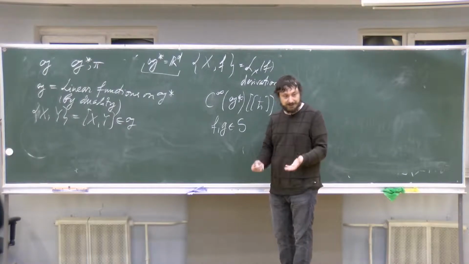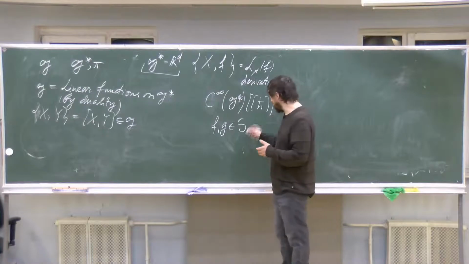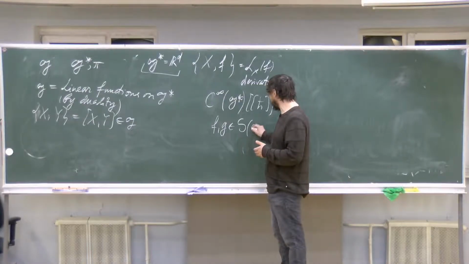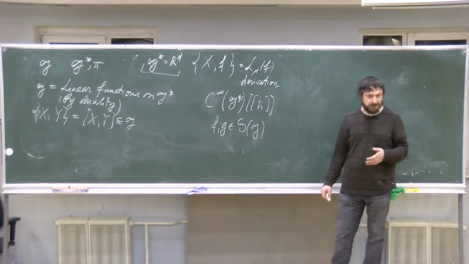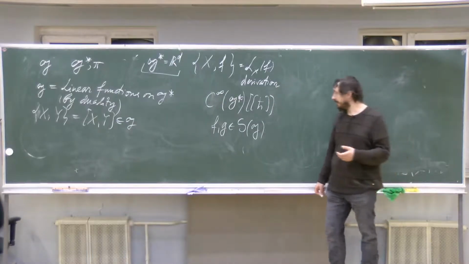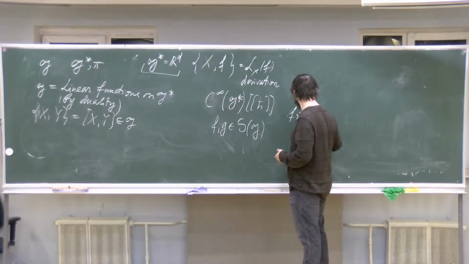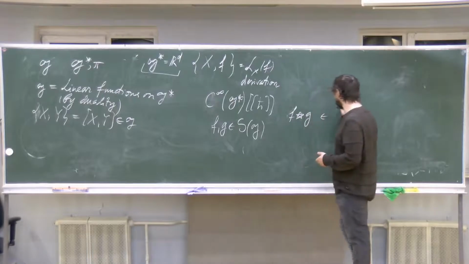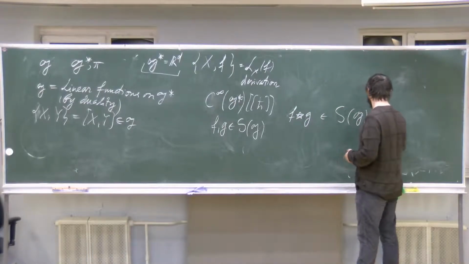So since we identified linear functions with G, we can actually identify polynomial functions with the symmetric algebra of G, right? So we take these polynomials, and then if we take f star g, it will also belong to S of G with H bar.